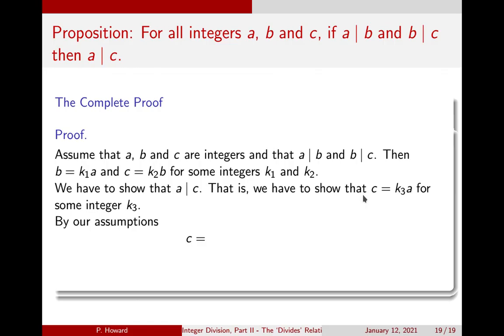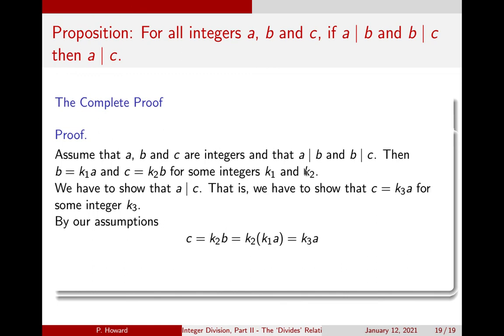By our assumptions, c is k2 times b. And now we replace b by k1 times a. So c is k2 times k1 times a.